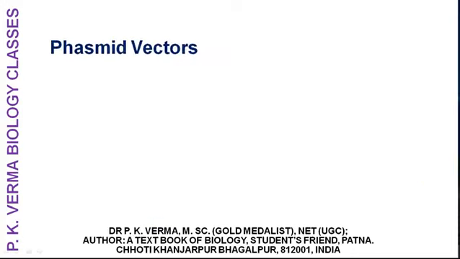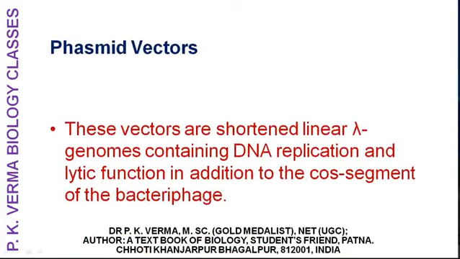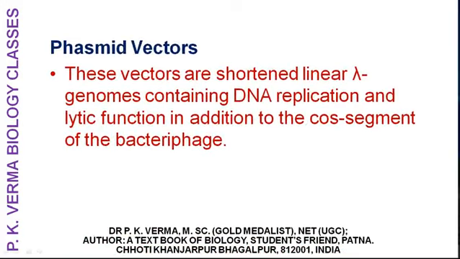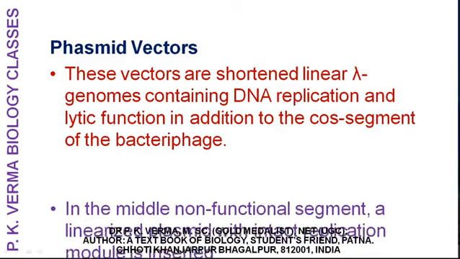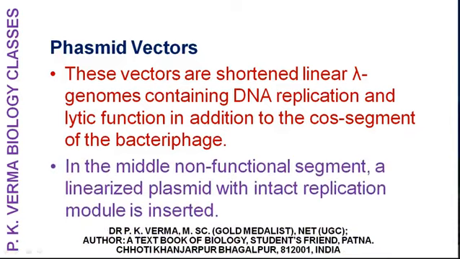Another is phasmid vector. Phasmid means bacteriophage containing vector. These vectors are shortened linear lambda genome containing DNA replication and lytic function in addition to the cos segment. In the middle non-functional segment, a linear plasmid with intact replication module is inserted.